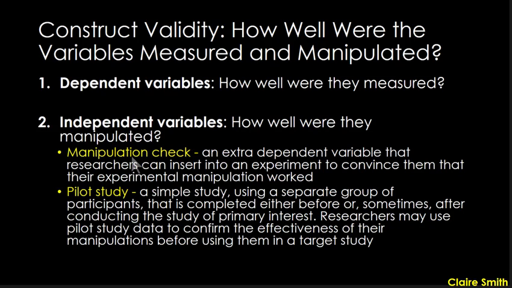Okay, so you could do a manipulation check, which is within the study that you're doing. You could also do a pilot study, which is a simple study completed before, or sometimes after, to make sure you're manipulating the variables that you want to be manipulating. You could use the same example. You want students to listen to different lectures, some funny, some not as funny, and see how it affects their exam scores. Before the actual experiment, you could have people listen to different lectures and simply rate how funny or humorous they were.